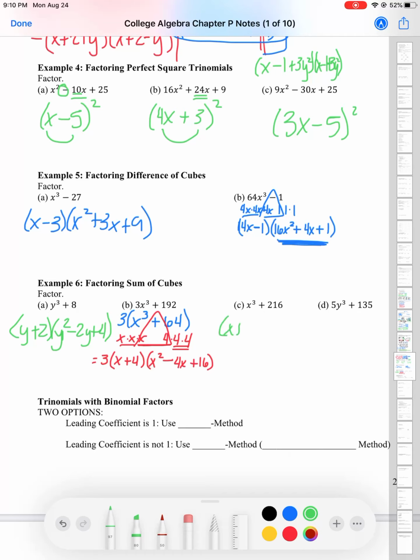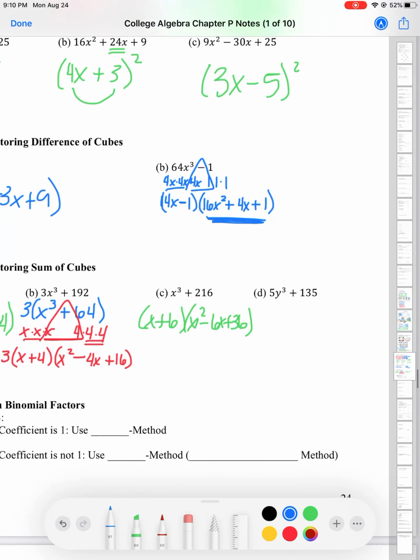On C, we have x plus 6 times x squared minus 6x plus 36. And then on part D, there was also a GCF of 5. So you should have gotten 5 times y plus 3 times y squared minus 3y plus 9.